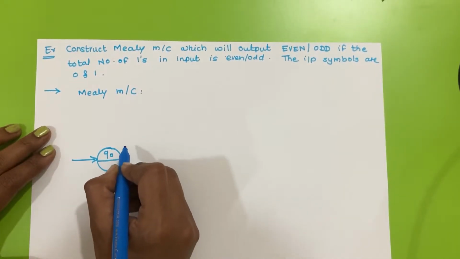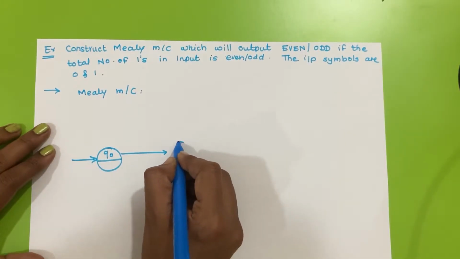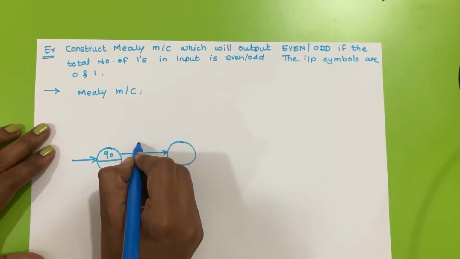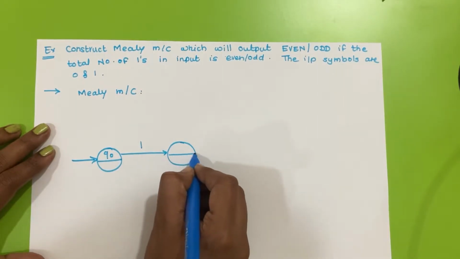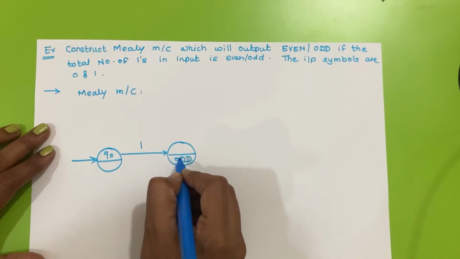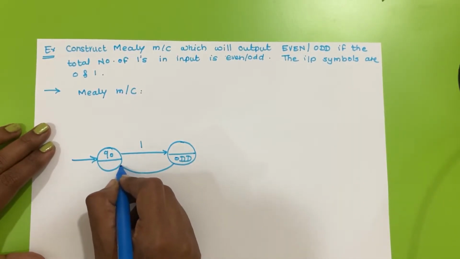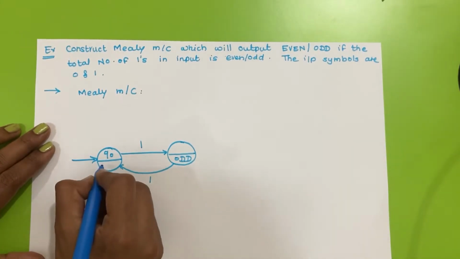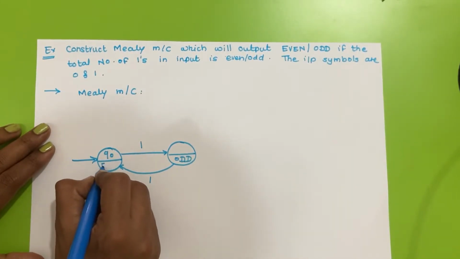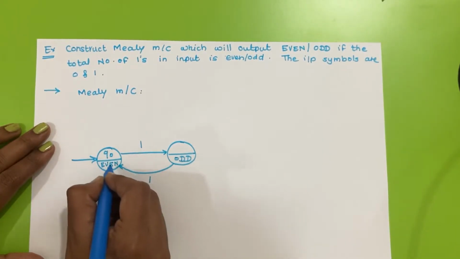If we have a single 1 here, then that should produce odd because 1 is odd. And after that if we receive 1 again, then that will produce even here, because this is the first and this is the second.